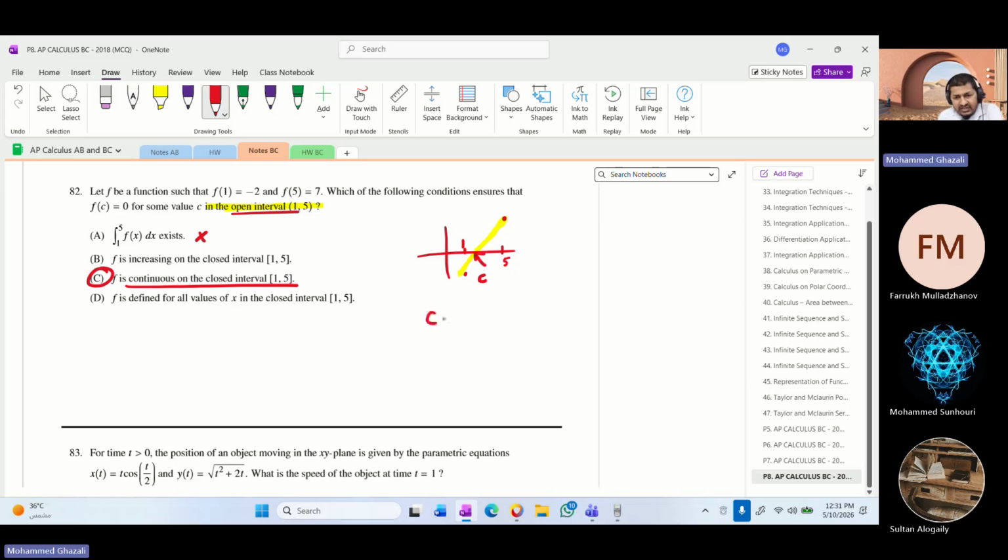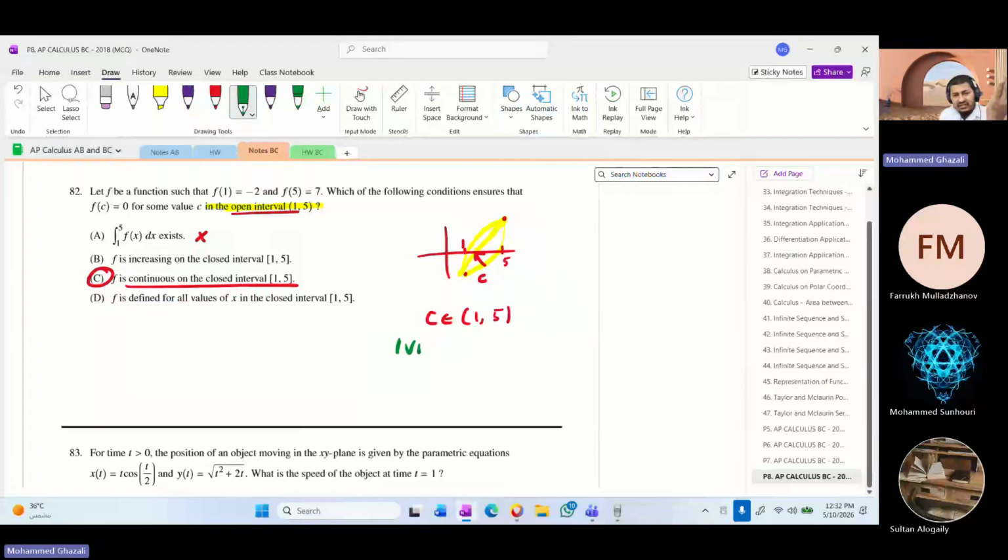This point c is between 1 and 5, so it needs to be differentiable on 1 and 5 and continuous on 1 and 5. It has to be like a curve. It doesn't have to be like this, it can be like that. You can draw infinitely many curves in between. It's one of the theorems that we learn: mean value theorem, Rolle's theorem, and intermediate value theorem. So this is IVT.